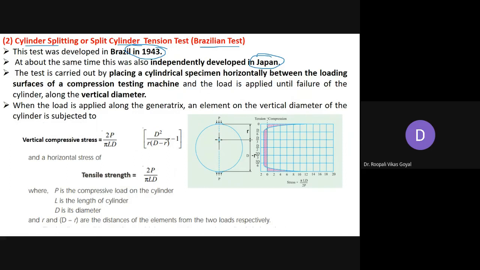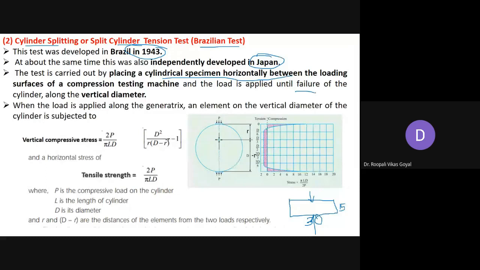Here the test is carried out by placing the cylindrical specimen horizontally, 15 centimeter diameter and 30 centimeter length. You keep it horizontally and apply load, with the same compression testing machine.